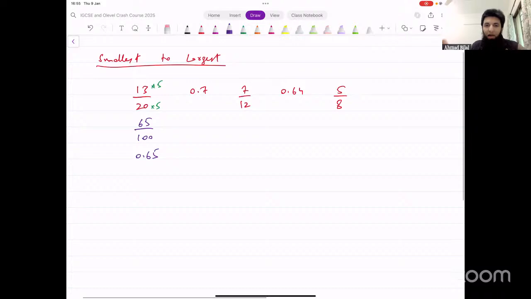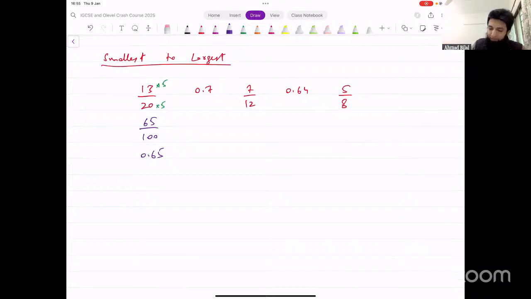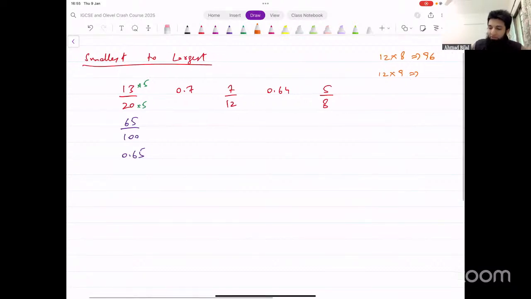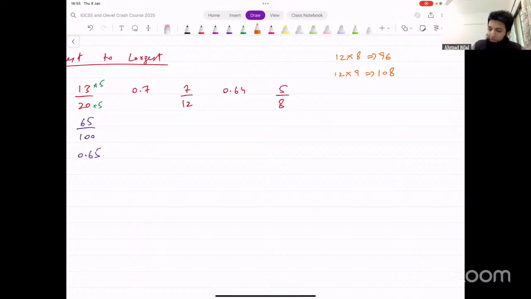Now, this is how you can try to think about it. Think of 12's table. 12 times 5 is 60, times 6 is 72, times 7 is 84, times 8 is 96. 12 times 8 is what? 96. 12 times 9 is what? 108. Where is 100 going to be? 100 is 4 away from 96 and 8 away from 108.